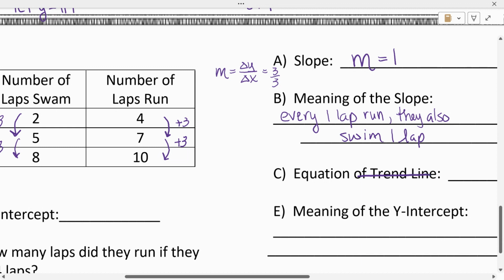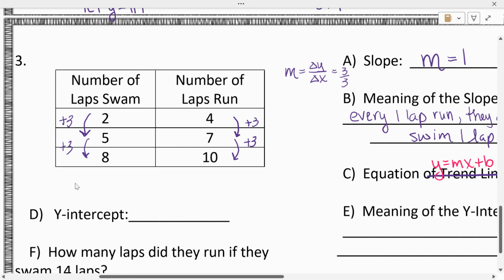How are we going to write an equation in slope-intercept form? Well, my slope is 1. So I could subtract 1 from both sides.